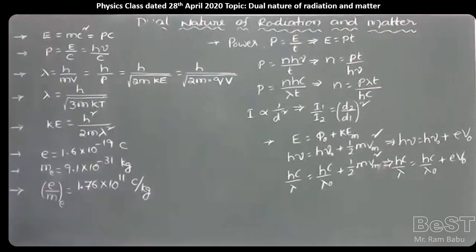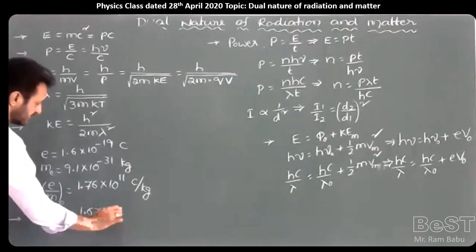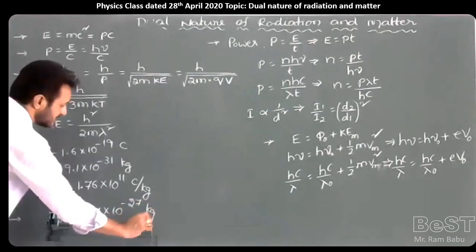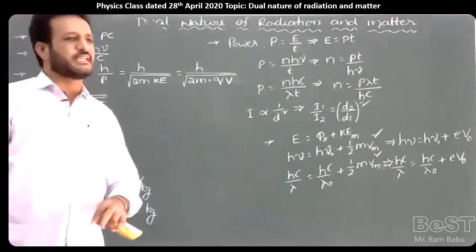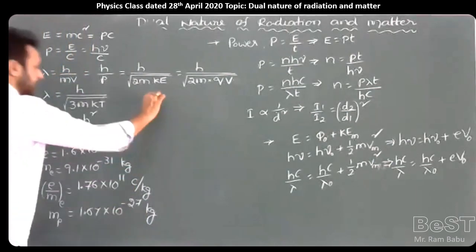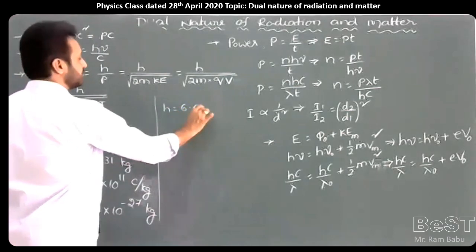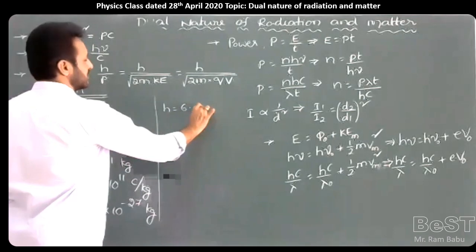If the mass of the proton is asked, the mass of the proton is nearly 1.67 into 10 power minus 27 kg. The mass of the proton and the mass of the neutron are almost equal. Planck's constant h is equal to 6.625, or if you round off, 6.63 also we can write.